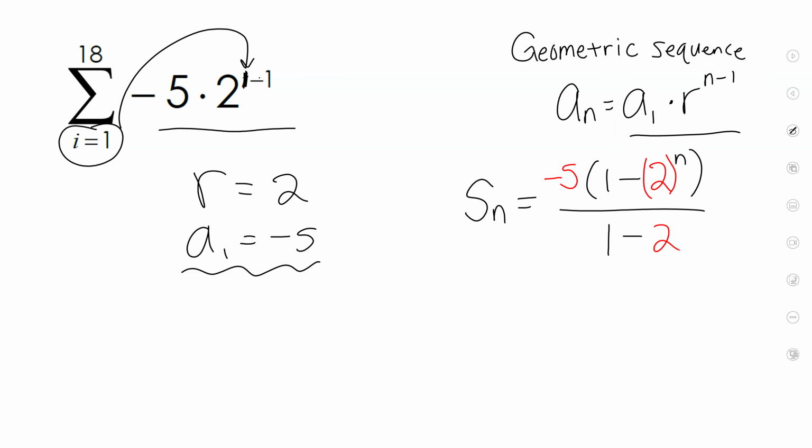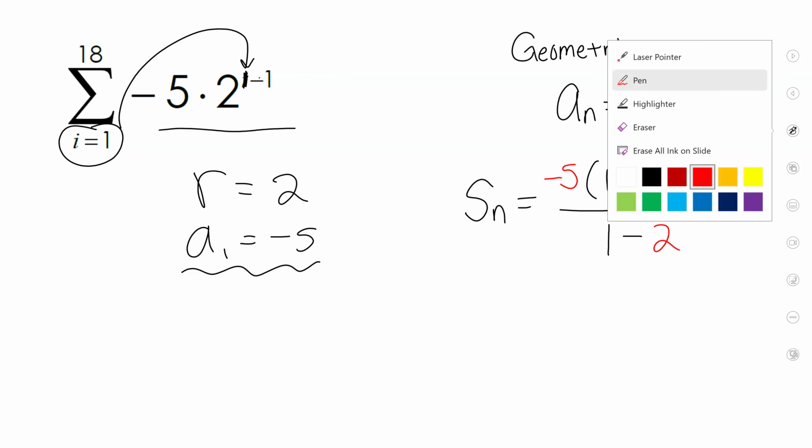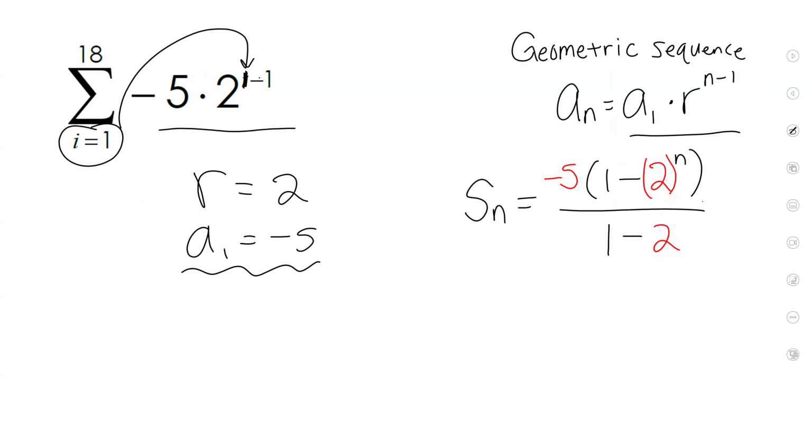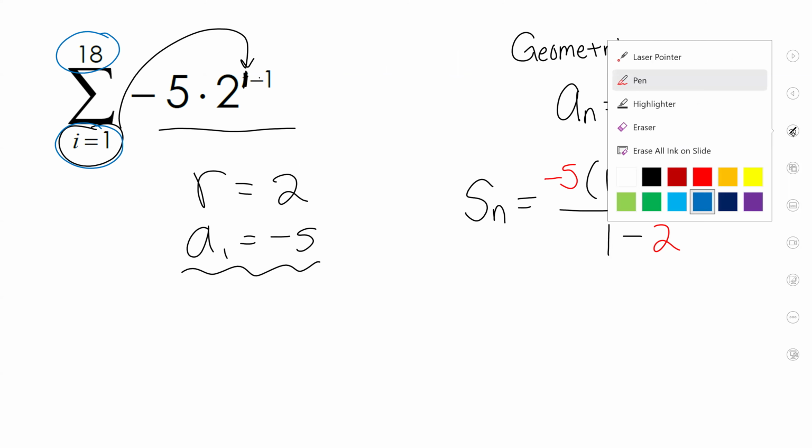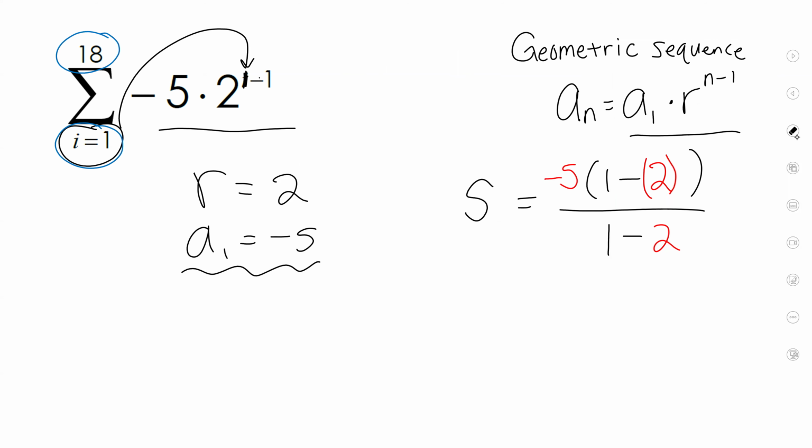And the n value. Do you guys remember how we find the n value? Yep, the number of terms. So we have numbers 1 through 18. That is 18 terms, so I'm going to erase this and put an 18.